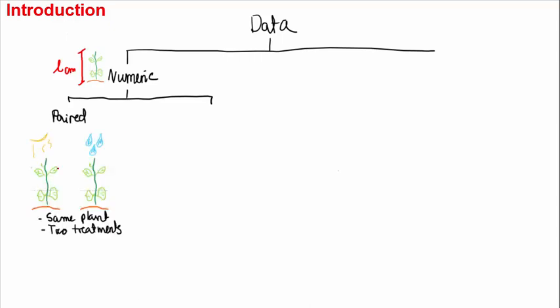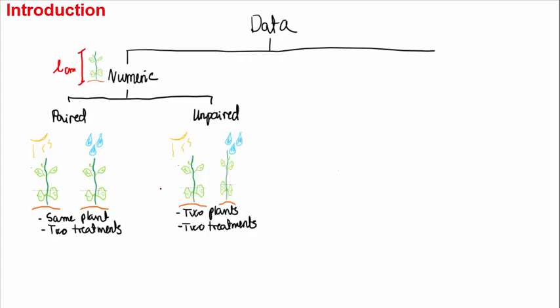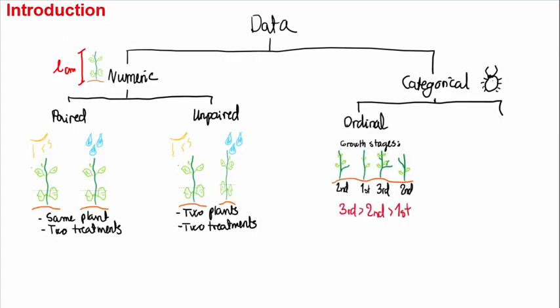That is, if the subject is the same but has two different treatments. Or data can be unpaired, like we did with the pea plants, because different plants grew in the greenhouse or outside. The other type of data is categorical. For example, disease or no plant disease.